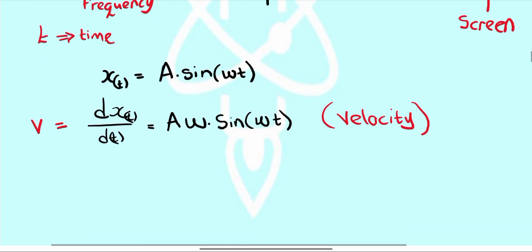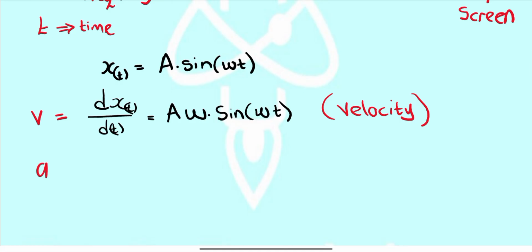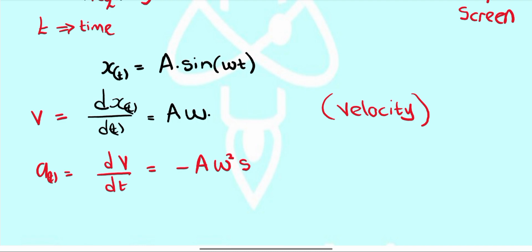And then we can go ahead once again to find the expression for the acceleration, which is the derivative of the velocity, given by negative A omega squared. I made a mistake here. The derivative of sine is cos of omega t.